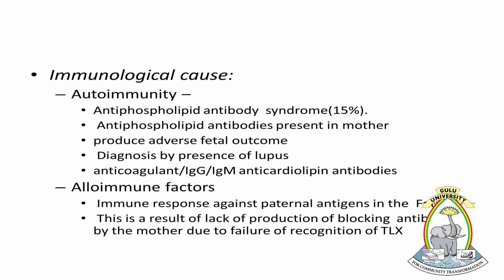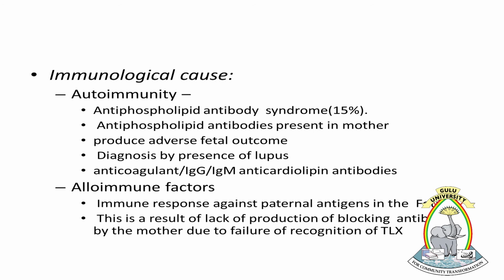Immunological causes may be because of autoimmunity. We must understand that in pregnancy, the fetus inside is foreign. So if a mother already has autoimmunity, they are more likely to reject even a foreign particle, a foreign gene inside them. If they're already fighting their own gene, that means they even fight the foreign gene better.